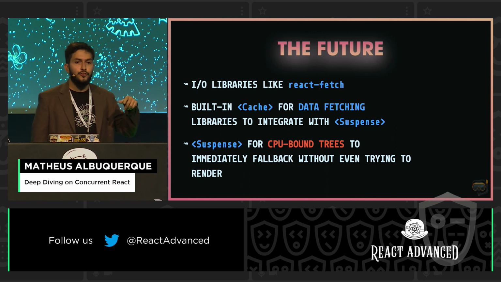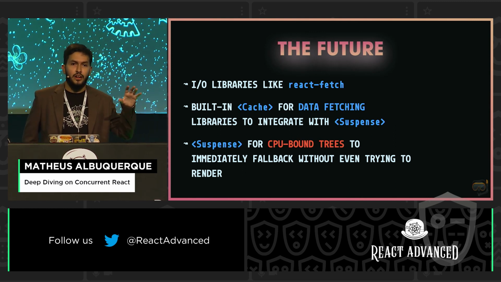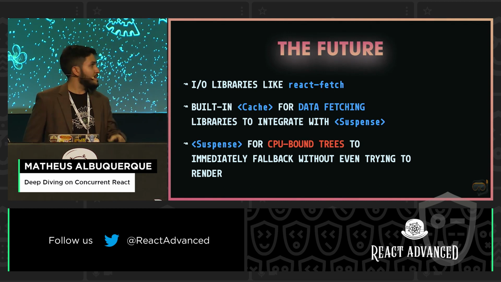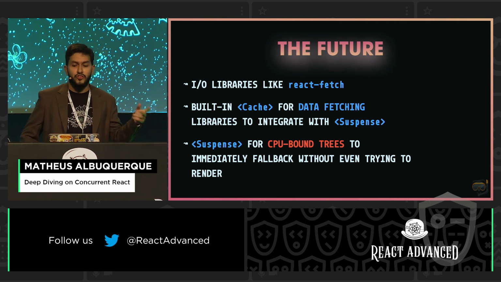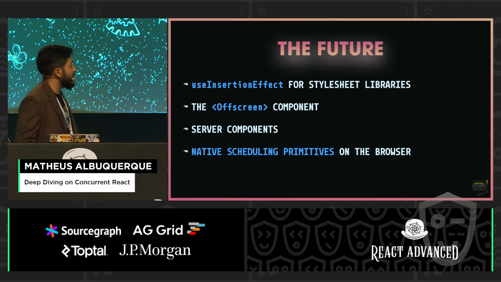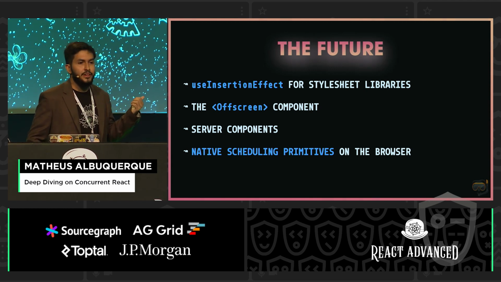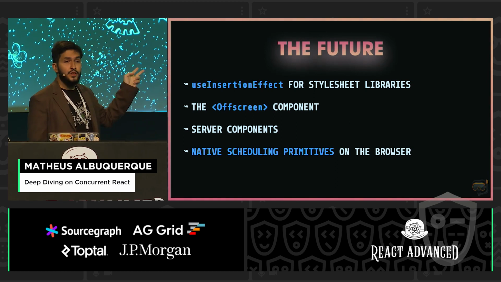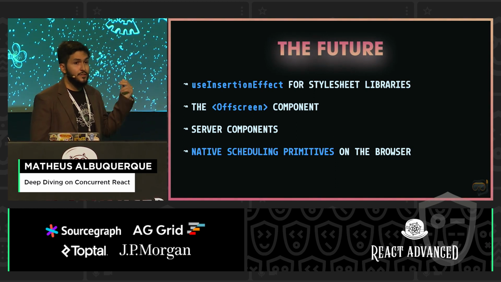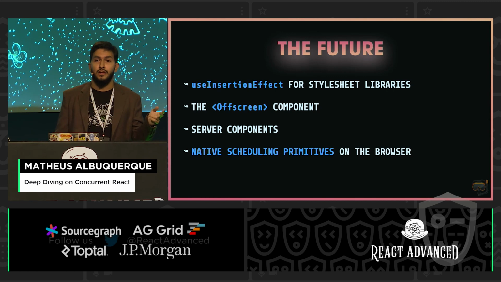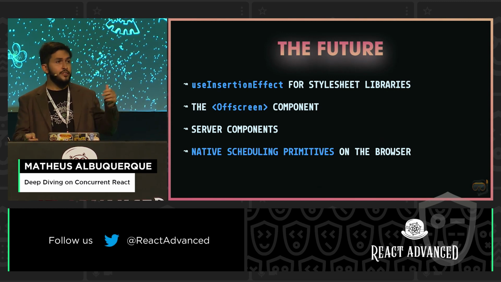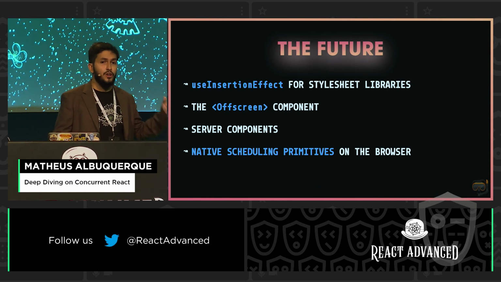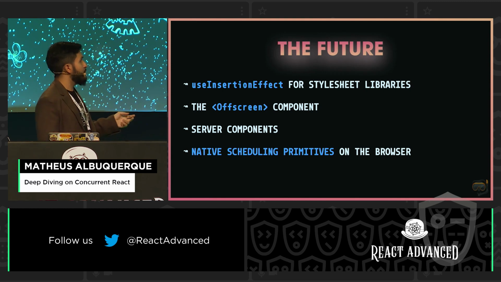So if you profile your app and you figure out that some part of your tree is really going to take a lot of time, you can go ahead of time and fall back without even trying to render. That's amazing. We're going to have more hooks for library maintainers, like useInsertionEffect. The Offscreen component, that's also another one that I love, it's basically a way to assign idle priority, like the ones we saw before, in your code to a part of your tree.